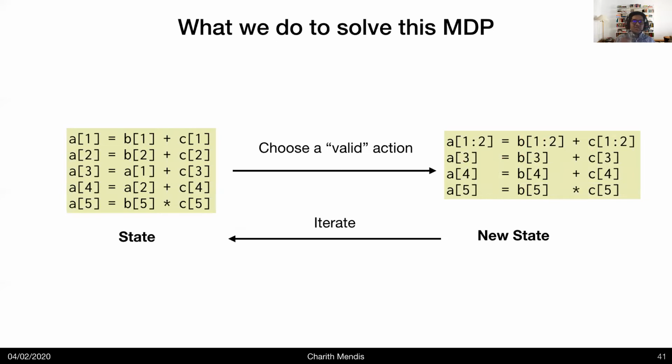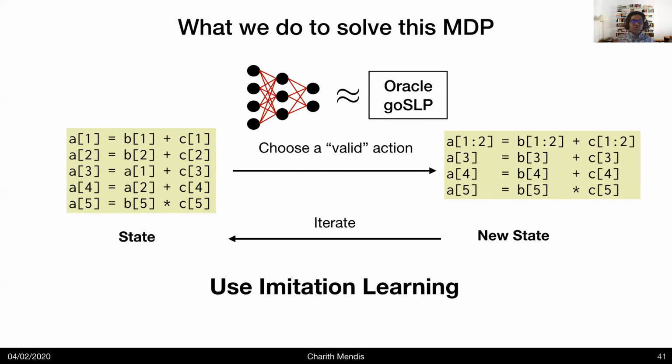The next thing is to design an agent to take the valid action for a given state. And the strategy we are going to follow is to use imitation learning to follow what the ILP solver is already doing. This is to extract the experiences that the ILP solver was good at, but at a cheaper cost.